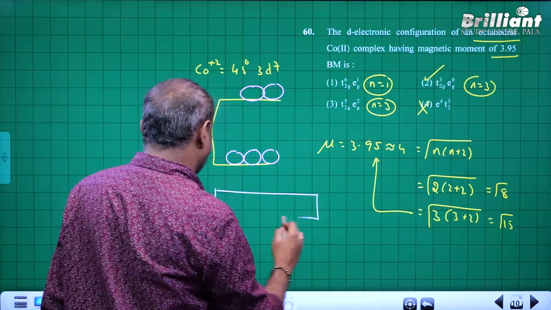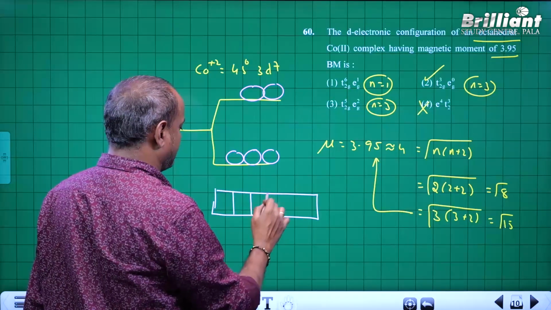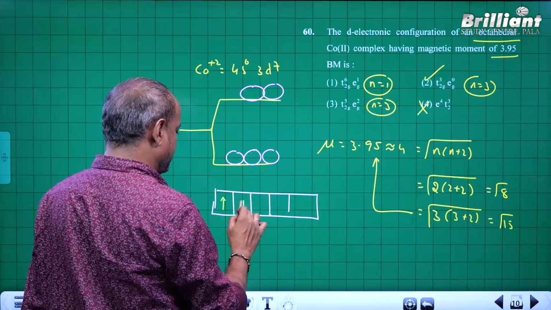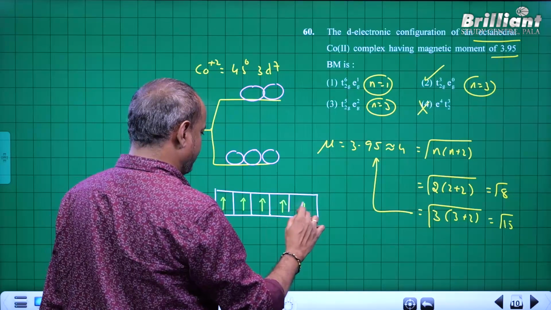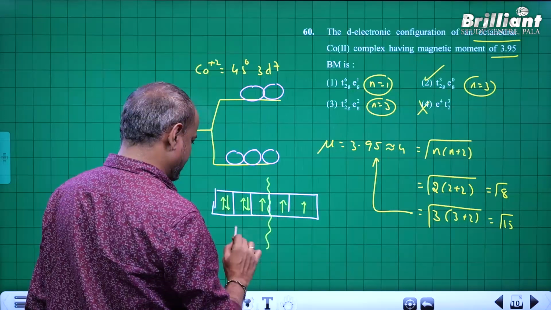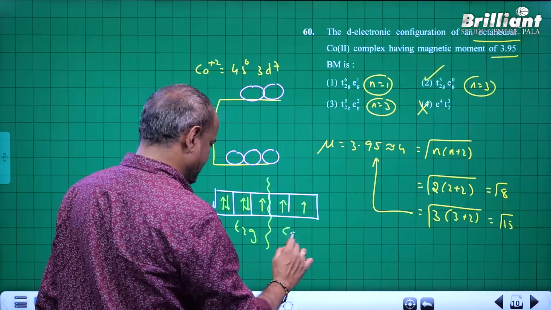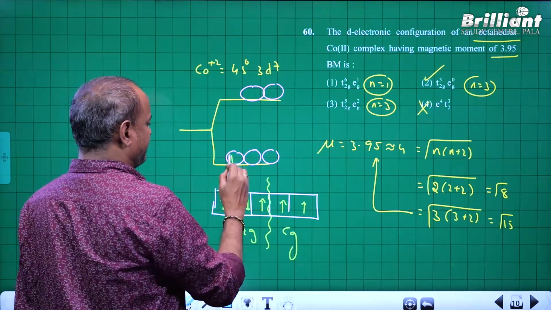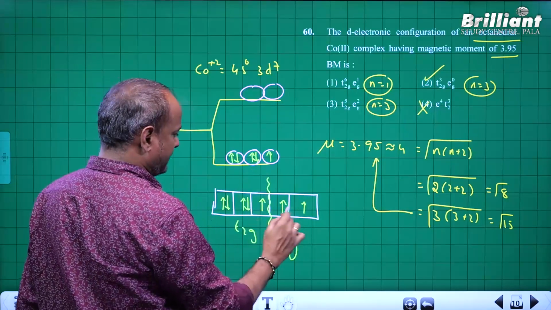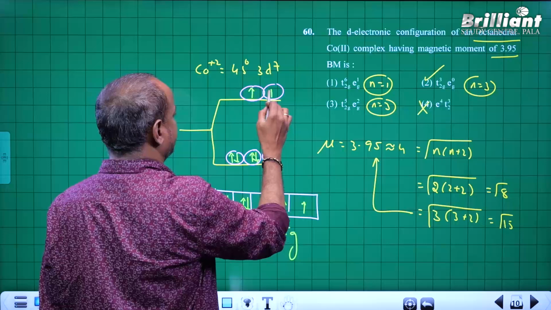Normal weak field ligand only. 1, 2, 3, 4, 5, 6, 7. t2g and eg, so 1, 2, 3, 4, 5, and the last 2 in the eg.